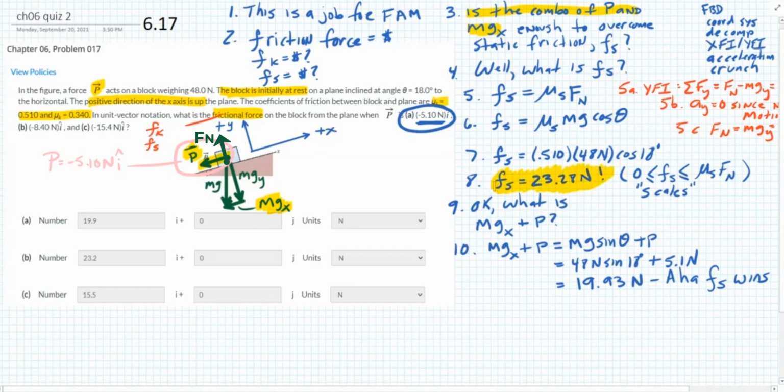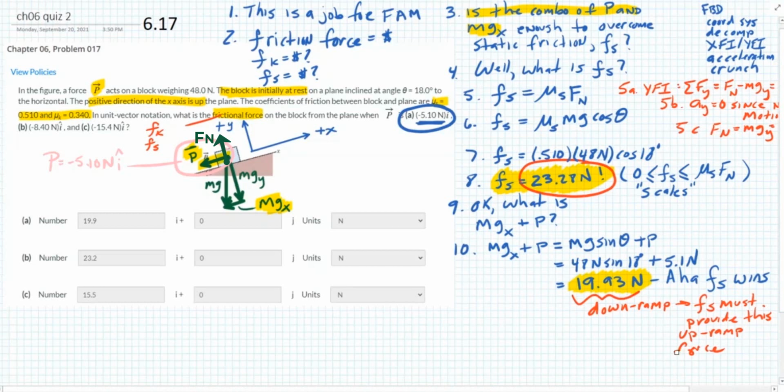But for part A, I only need 19.93 newtons of friction, because once again, this 19.93 is the down ramp force. So I just need to recap.